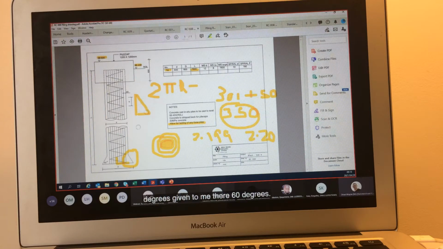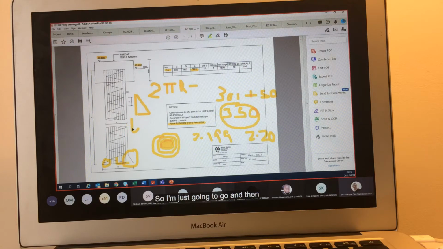I know that this is 60 degrees. It's given to me there, 60 degrees. I know that this is 150. So if I work with the tan of 60, my tan of 60 gives me my opposite over my adjacent.